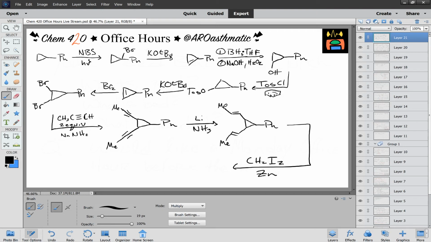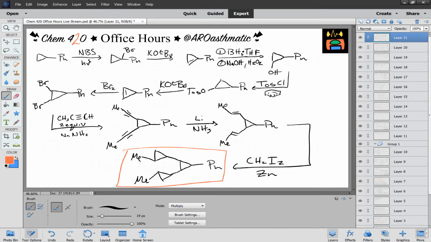And that is the cyclopropanation that brings us to our final product. And now we can breathe a sigh of relief because this is our synthetic target.